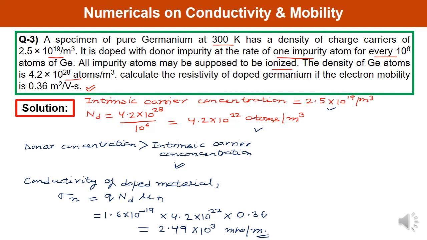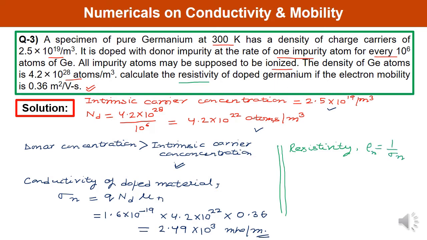But what you have to calculate in the answer? In the answer you have to calculate the resistivity. What is the relationship between the resistivity and the conductivity? You know resistivity is 1 upon conductivity. So let us calculate resistivity, which is 1 upon conductivity.